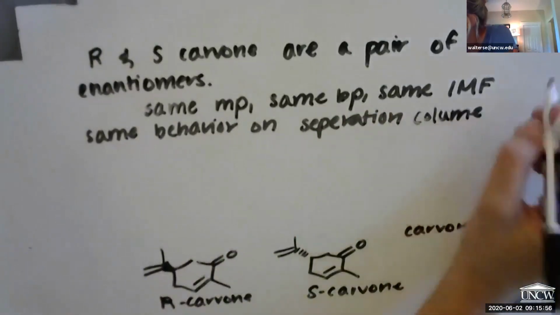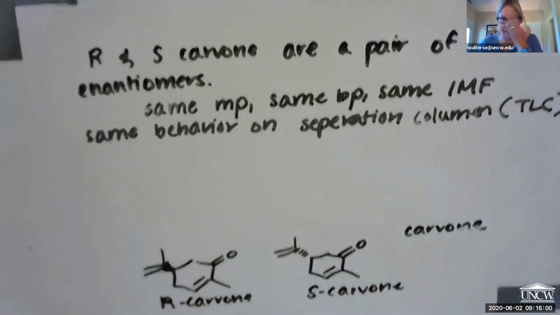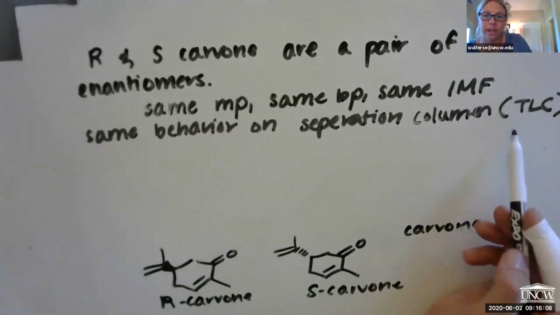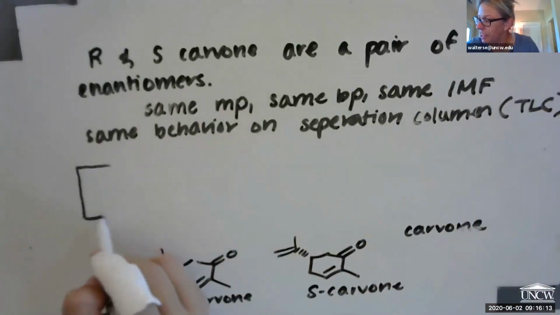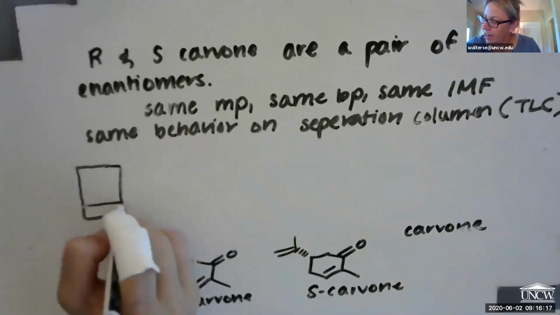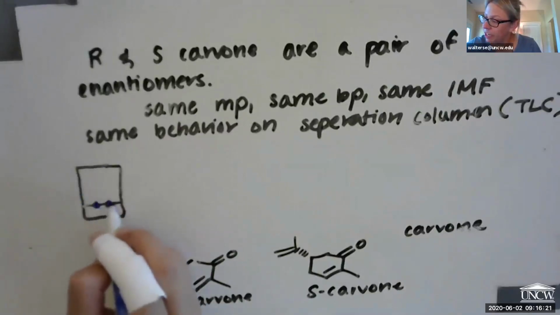The other type of thing for a separation column is called thin layer chromatography, which I'm sure you'll have a lab on at some point. Thin layer chromatography has to do with if you have a little thin sheet of silica, you mark a line on it, and then you put your samples here and here on the line.